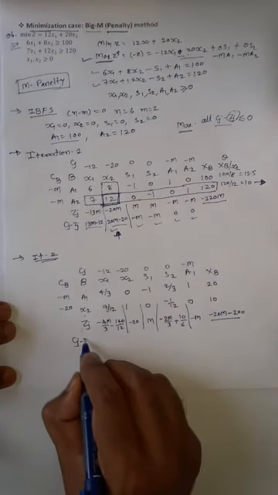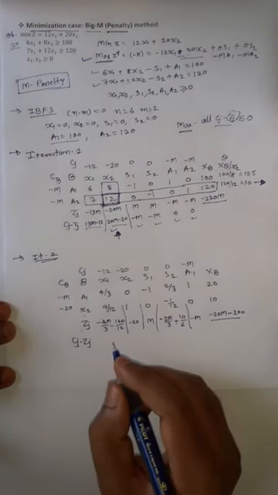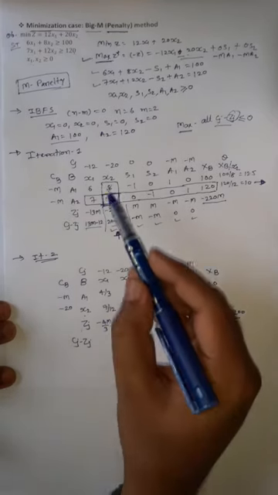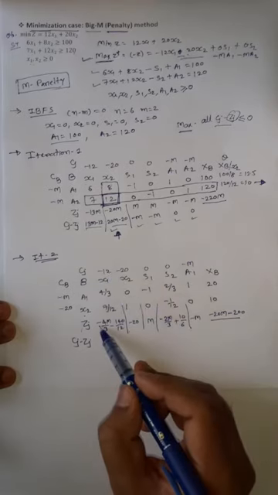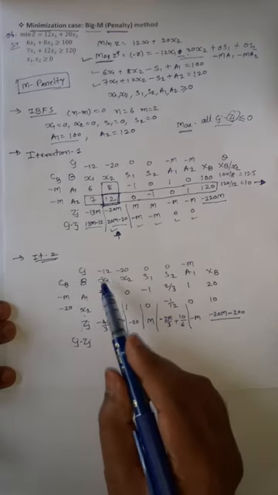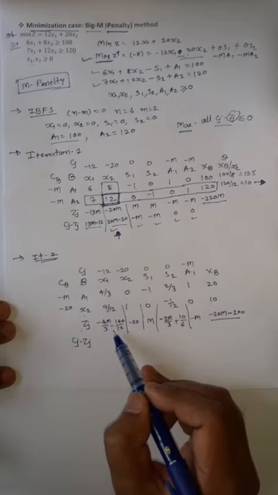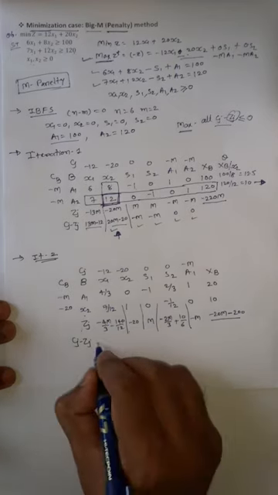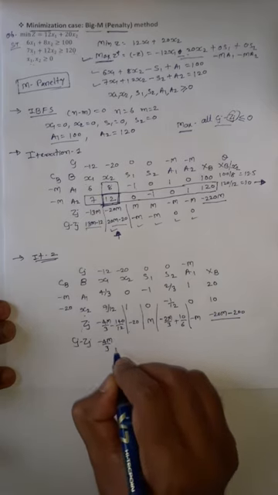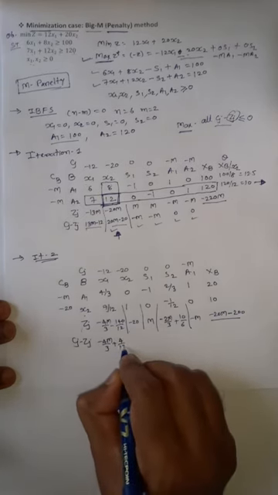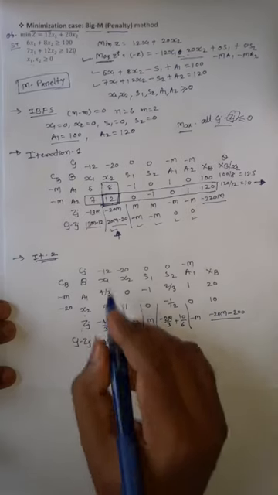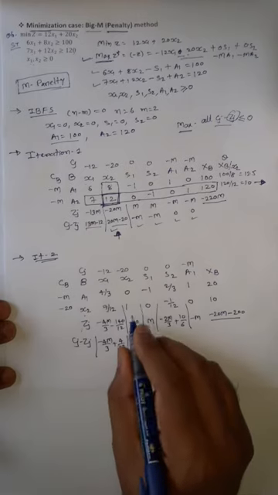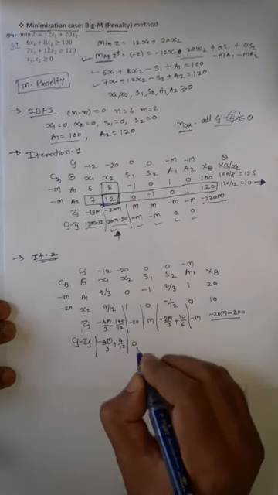Now calculate the Cj minus Zj value. For x1 it is minus 12 minus, so it will be a plus, minus 12 plus 4m by 3 plus 140 by 12. So ultimately it will become minus 4m by 3 plus 4 by 12. So this is the Cj minus Zj value for x1. Now for x2 it will be minus 20 minus minus 20, so it will be 0.